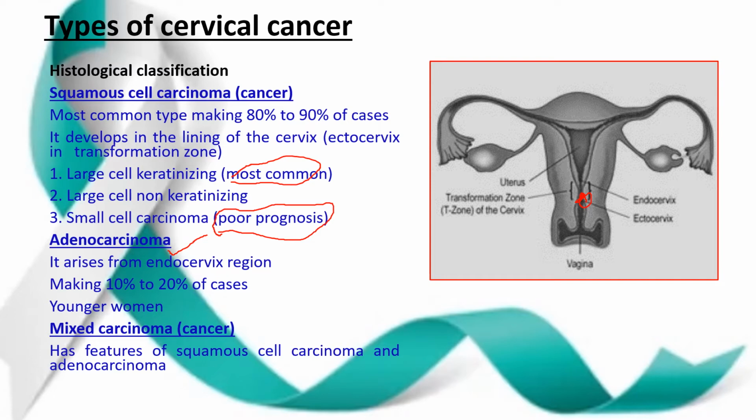It makes up 10 to 20% of overall cases and is most common in younger women, mostly associated with HPV type 18 infection. Mixed carcinoma has features of both squamous cell carcinoma and adenocarcinoma.